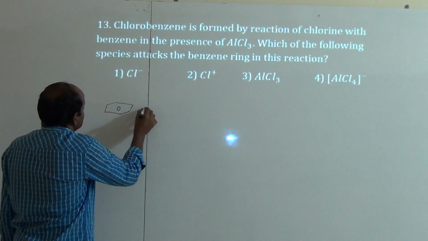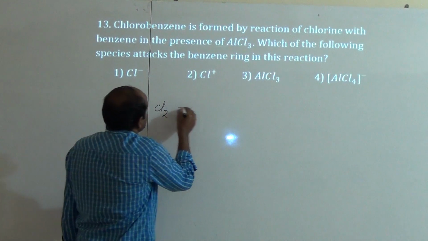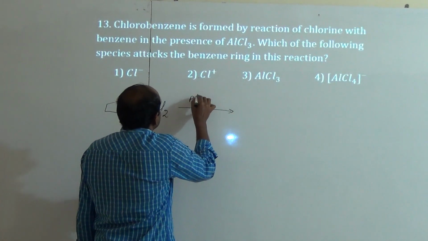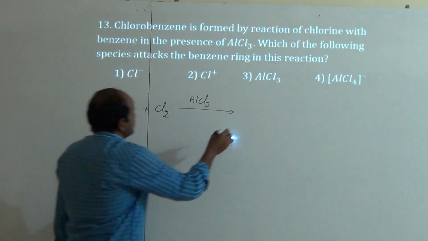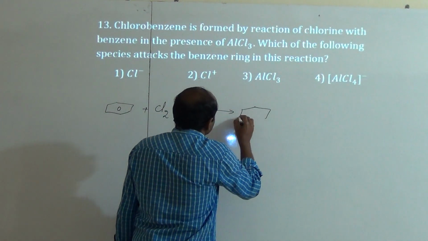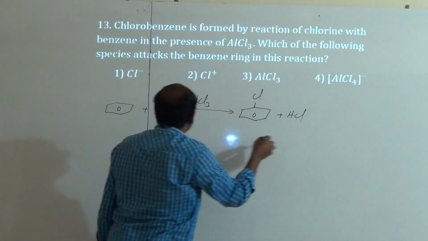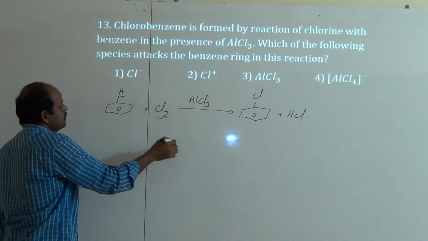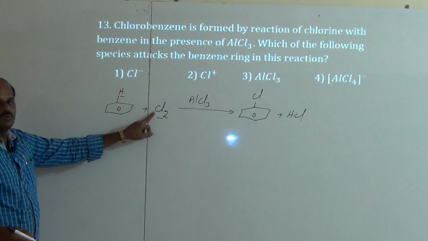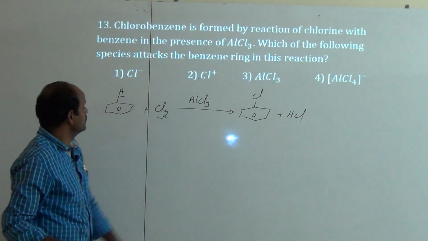It reacts with chlorine in the presence of AlCl3. Then we get chlorobenzene by the removal of HCl, because here this hydrogen and this Cl are removed as HCl, then one more chlorine is attached on this carbon, thus we get this chlorobenzene.